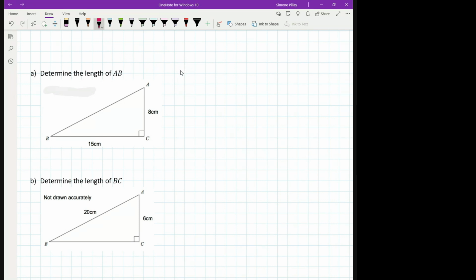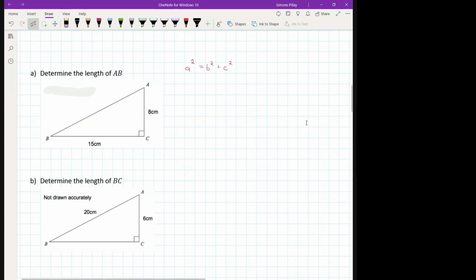So, ma'am, we're going to say a squared is equal to b squared plus c squared, and then, since there's no... Do you want me to scroll up?